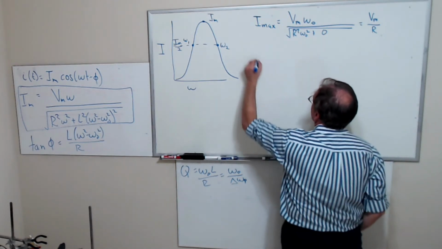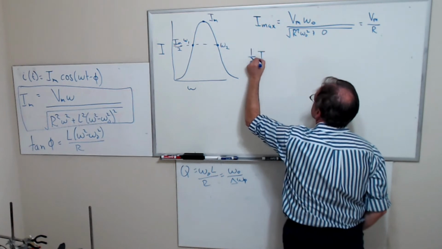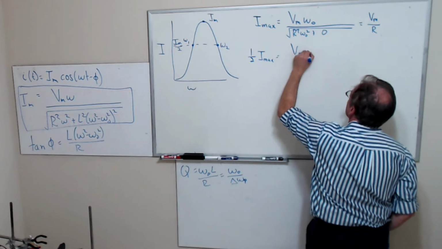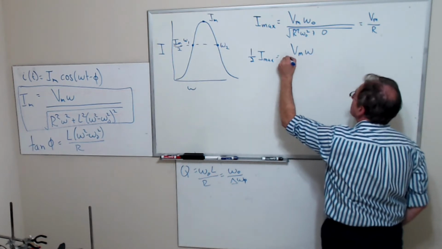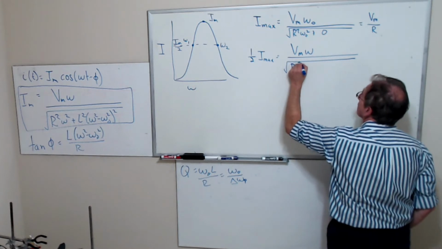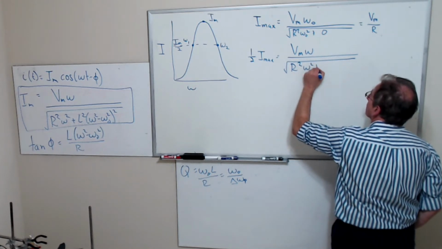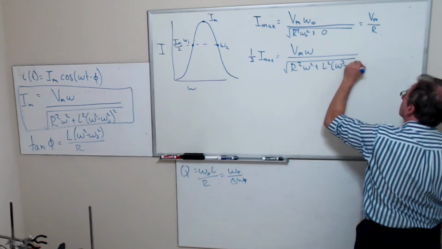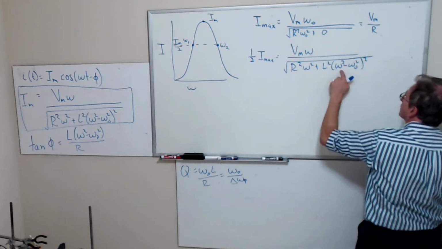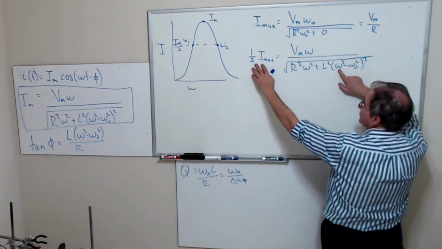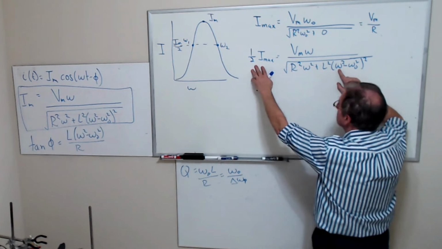So what is omega at half the max? Well, I'd say 1/2 I max is V sub m omega, which has to be determined. So these are the two frequencies at which the current is 1/2 the maximum value.